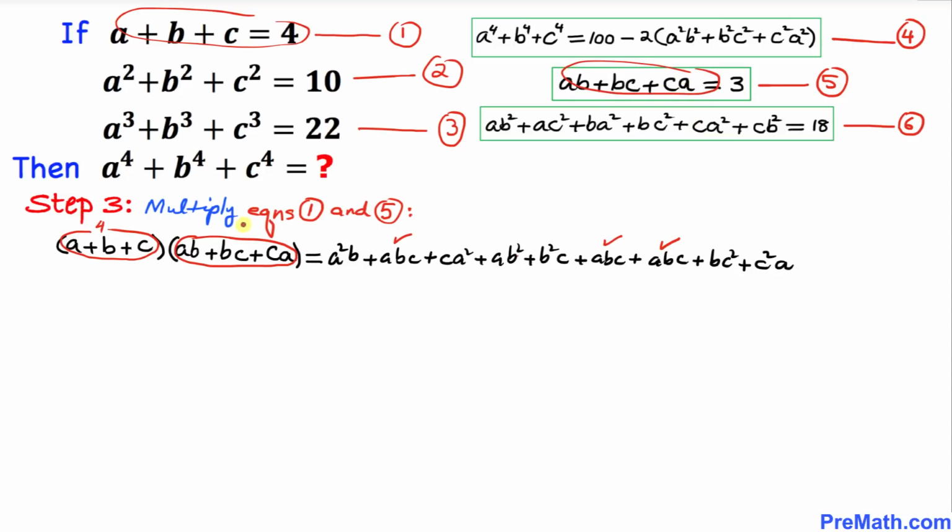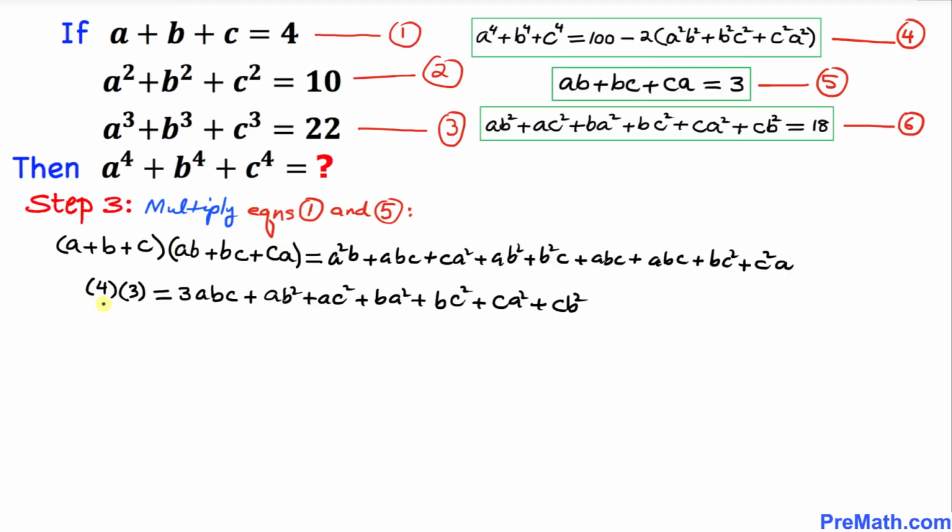So I'm going to replace this one by 3. And here on the left hand side, I have replaced these by 4 and 3. So this simply becomes 12. And here I combine the like terms. So this turns out to be 3 times A times B times C.